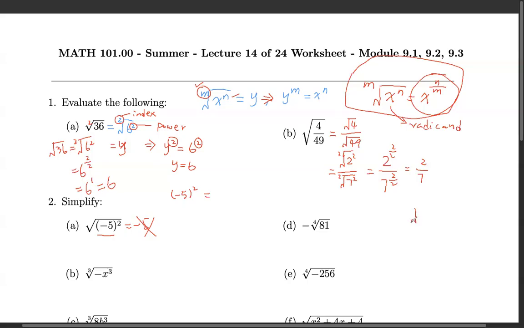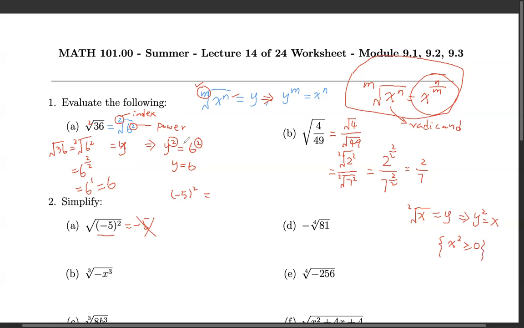Why? Because if the square root of x equals y, that means y squared equals x. So in the real number system, when you square anything, it has to be non-negative.